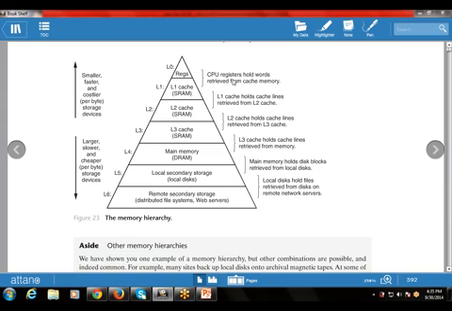This says CPU registers hold words retrieved from the cache memory. L1 cache holds cache lines retrieved from the L2 cache. That is, registers get the data from L1, and L1 gets the data from L2. L2 holds cache lines retrieved from the L3 cache. L3 cache holds cache lines retrieved from the memory.